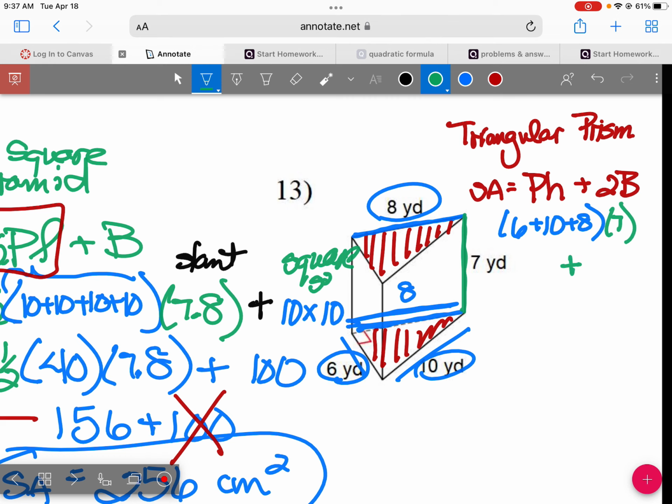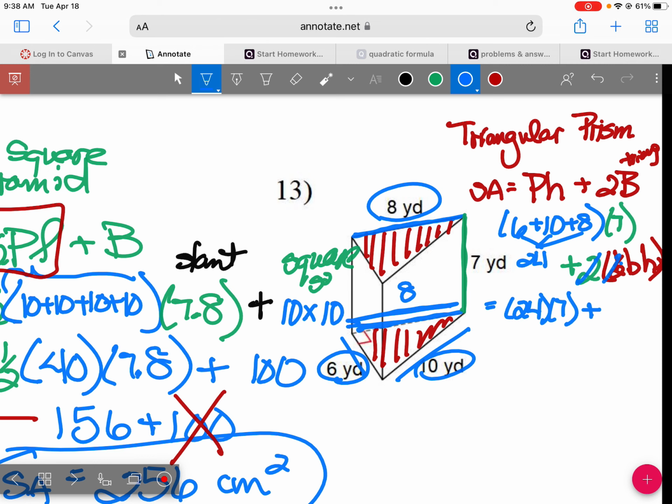Plus 2 bases. Well, that base is in the shape of a triangle, which is 1/2 times the base of the triangle times the height of the triangle. All right, so let's put some of this together. 6 plus 10 is 16, plus 8 is going to be 24, times 7, plus, well, half of 2, those are going to cancel out, and then the base of the triangle times the height of the triangle.